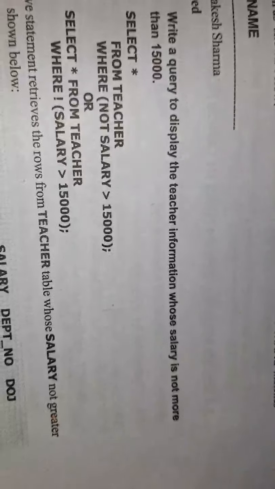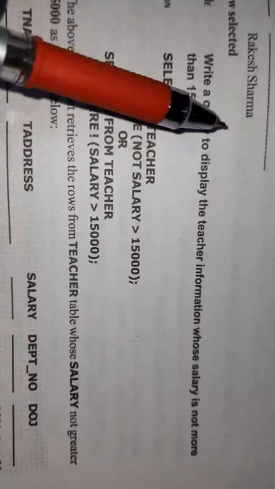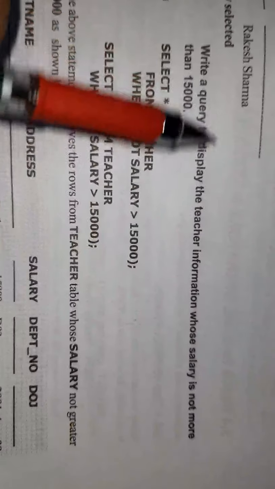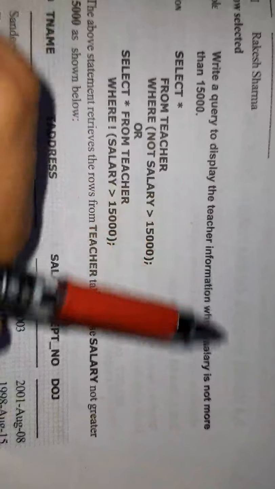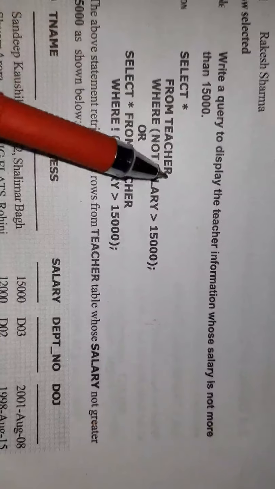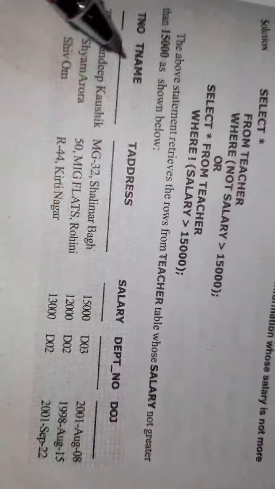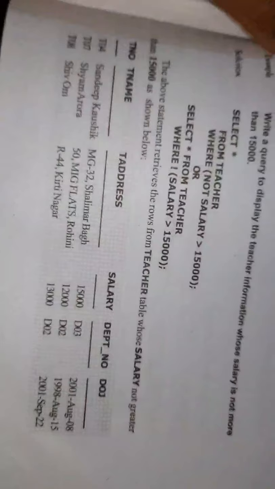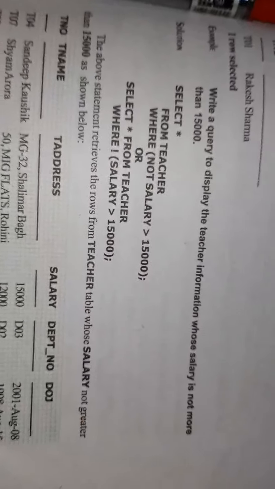So you can see that here it is select star from, because it says to display the teacher information, and no column names are mentioned, right? To display the teacher name, teacher number, nothing is mentioned here, so that's why it is select star from teacher. It will display all the columns and the row-wise data. Now from teacher where, and you can see that this is enclosed in parentheses.